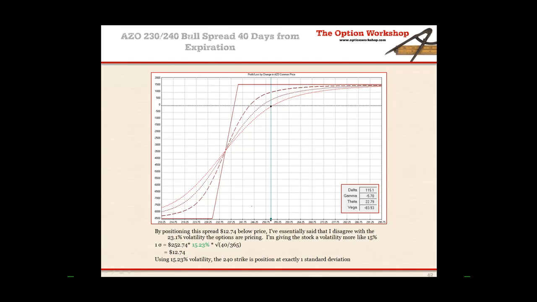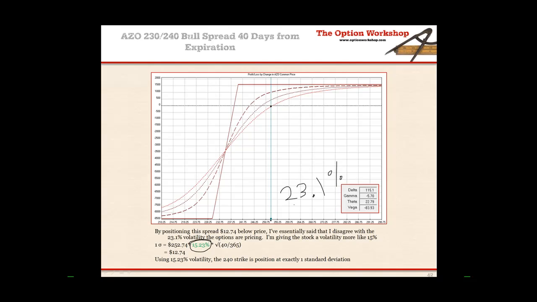So this is what we did with this AutoZone position. Our 240 strike is up here, 7 points inside of that standard deviation. If you remember, the implied volatility of AutoZone was something like 23.1%. What we essentially did by plugging our short strike in at 240, if you redo the math in a reverse calculation of the standard deviation calculation, we gave it a 15.23% volatility.